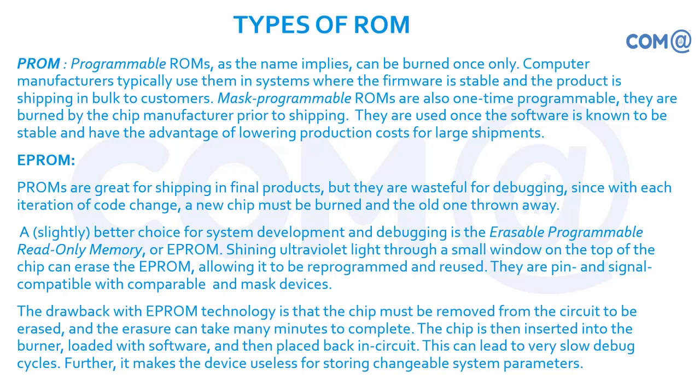Next is EPROM, erasable programmable read-only memory. This erases the old information in the chip and writes new information in the chip. PROM is of moderate speed, whereas EPROM is faster in reading compared to the previous ROMs.